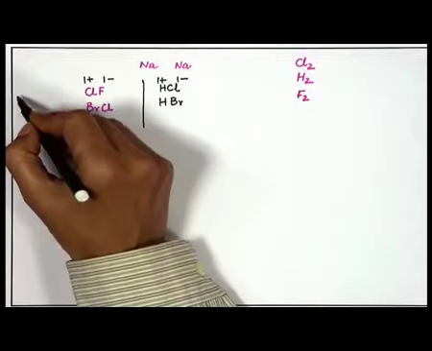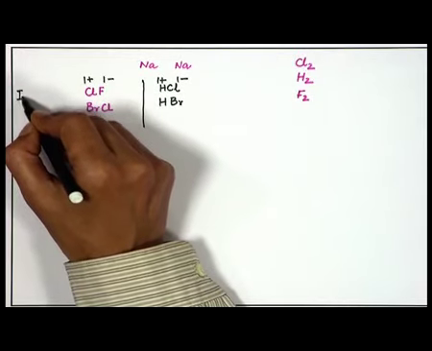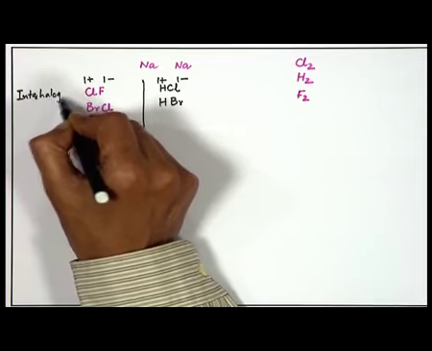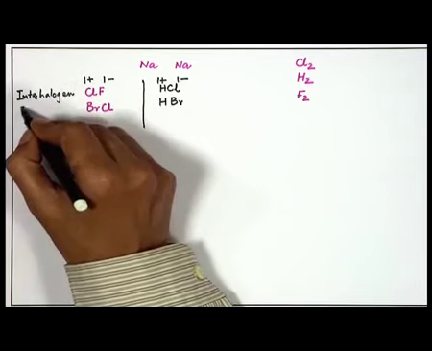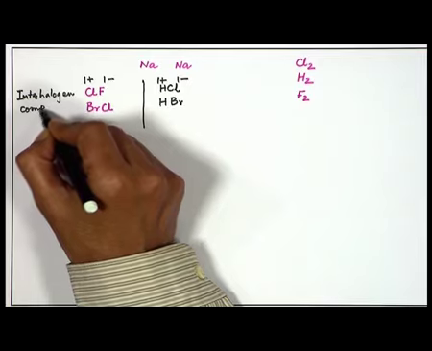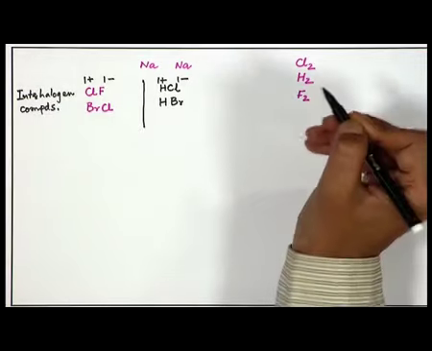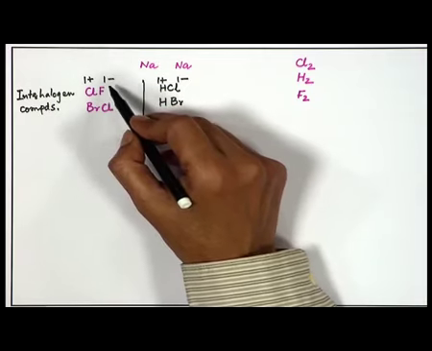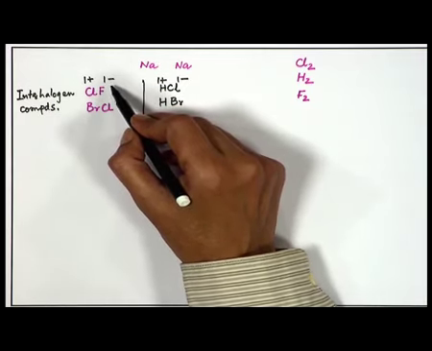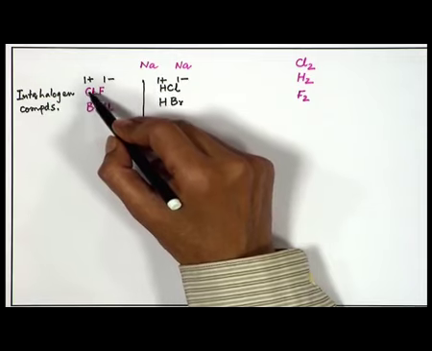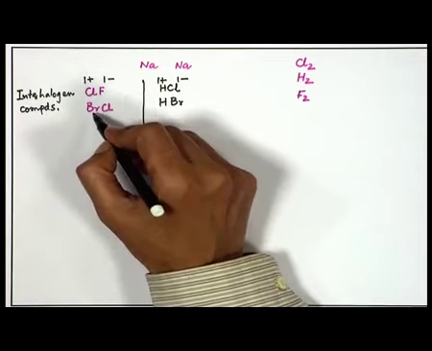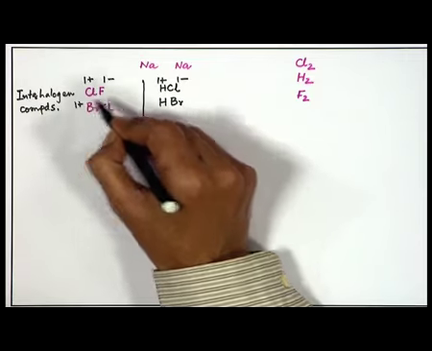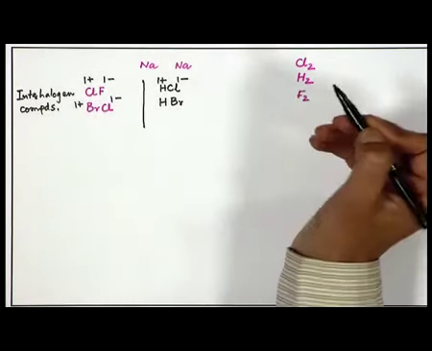So, these are the typical interhalogen compounds. They tell us the corresponding charge separation as well as the assignment of the oxidation state on fluorine and on chlorine. Similarly, for BrCl also, Br will be 1 plus and Cl will be 1 minus.